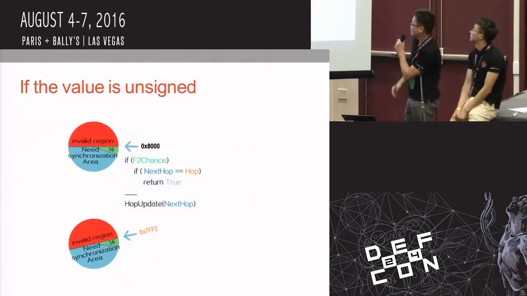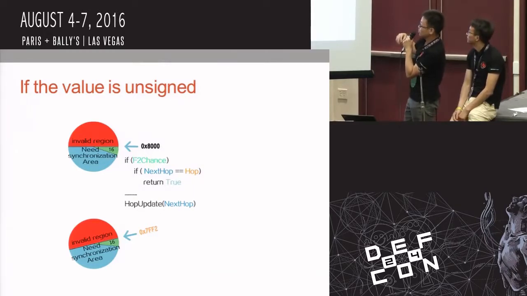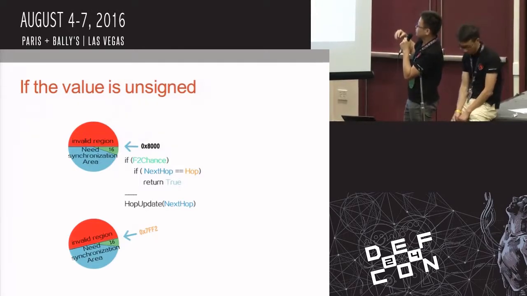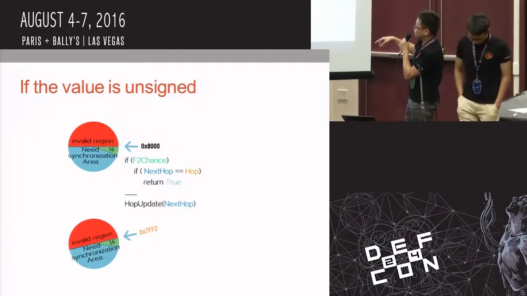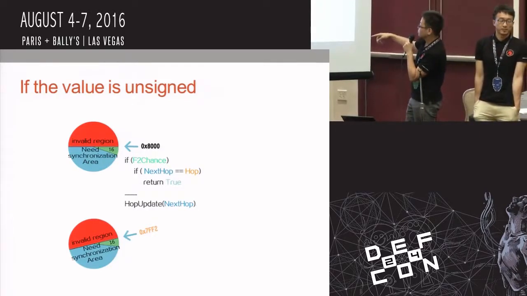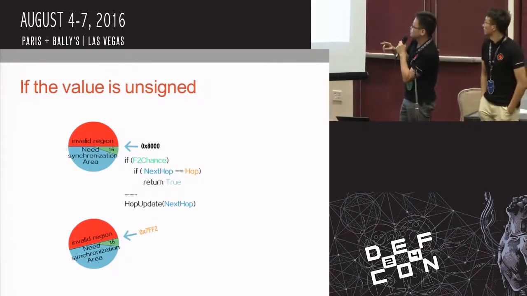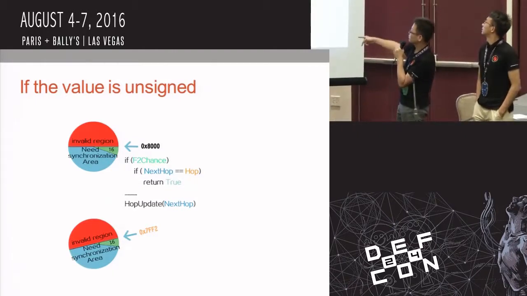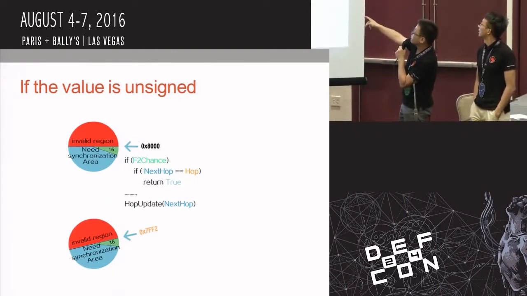So we changed the sync control value. The sync control value should be bigger than the previous. But if the car has this flaw, we use two continuous signals to make it smaller than the previous.